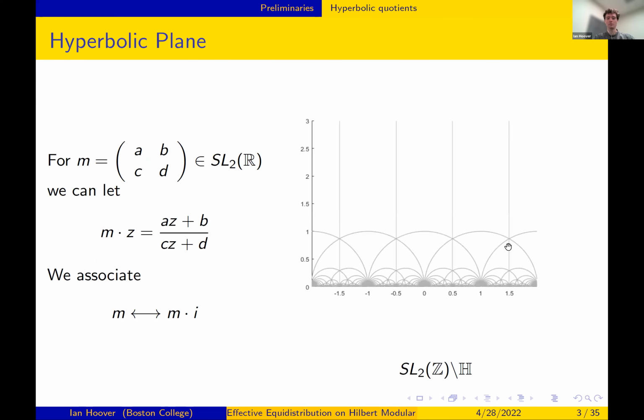So obviously, we're probably all familiar with this, but just recall our matrices in SL2R act as isometries of the hyperbolic plane, and we can associate the matrix to where it takes i under this fractional linear transformation, and this gives us an association between the group mod K, or SO2, and the upper half space, hyperbolic space itself.